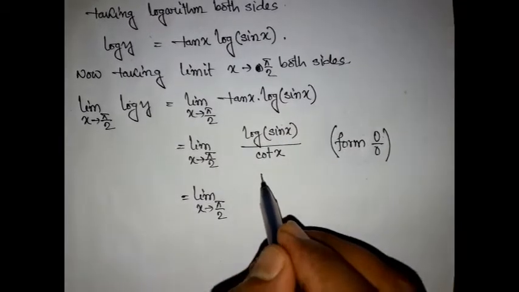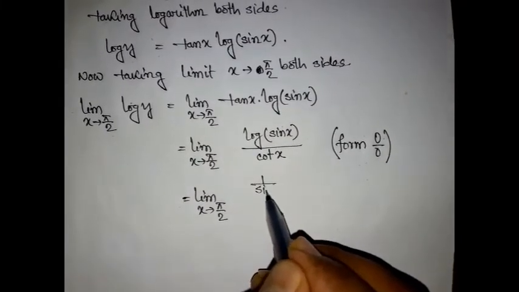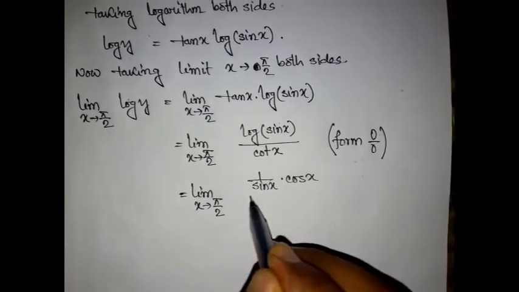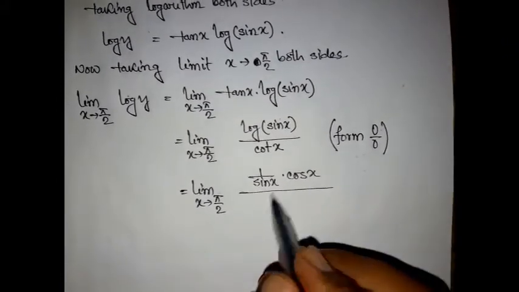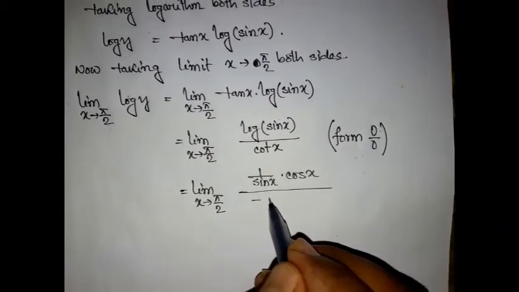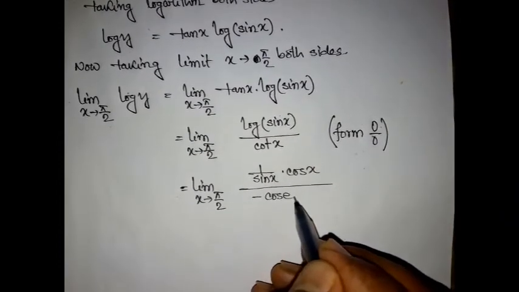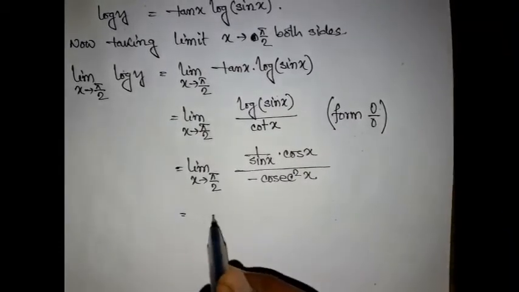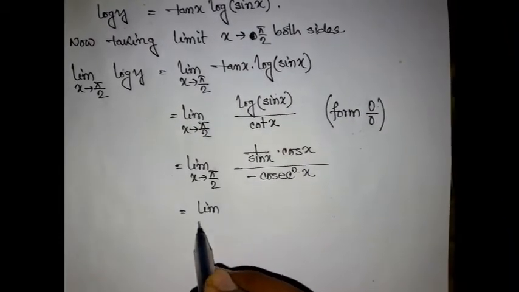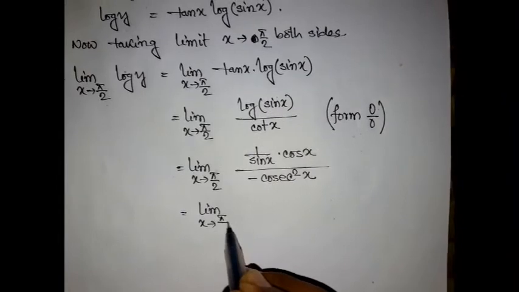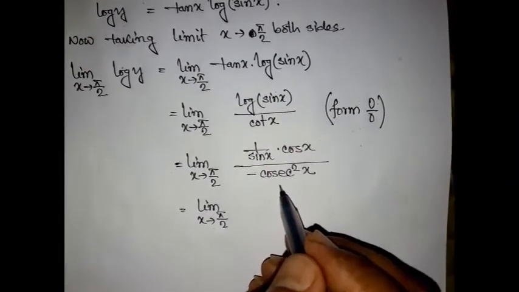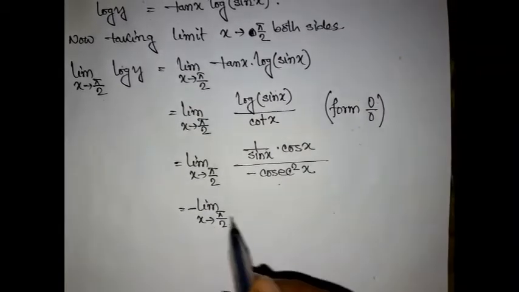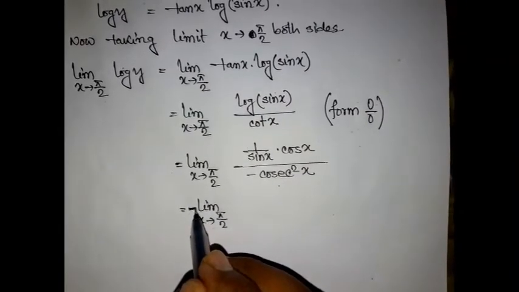Derivative of numerator is 1 by sin x into cos x, by derivative of cot x, which is minus cosec square x. Now simplify. Limit x tends to pi by 2 of 1 by cosec, the minus is there, just consider minus outside.